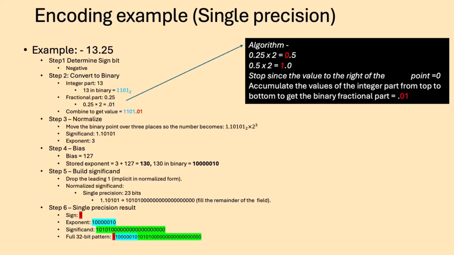We drop the leading 1 to get a significand of 10101 and pad the remainder of the field to get 10101000, all the way out to fill the bit field. Now construct the full value with the sign bit, the exponent, and the significand, to get a full 32-bit number of 1100 0001 0101, and the remaining bits are all 0.